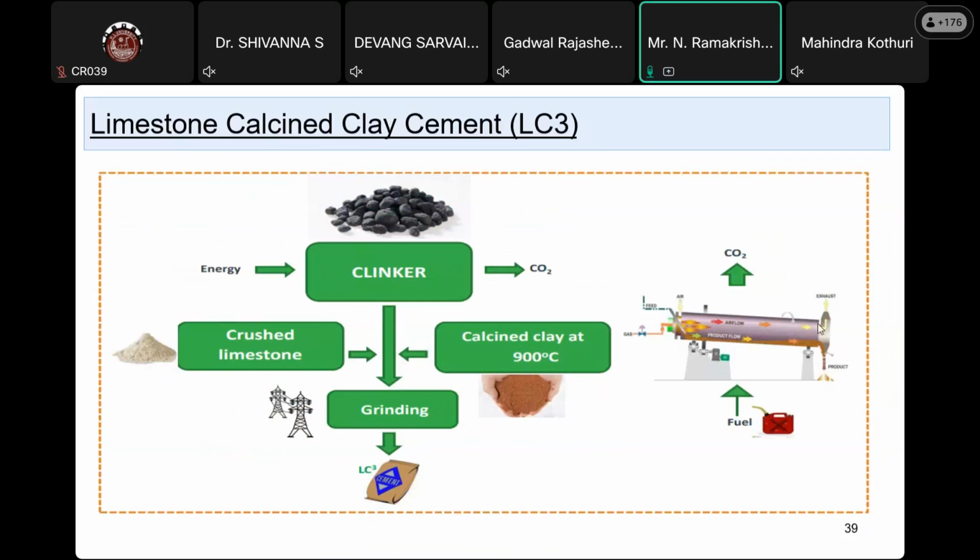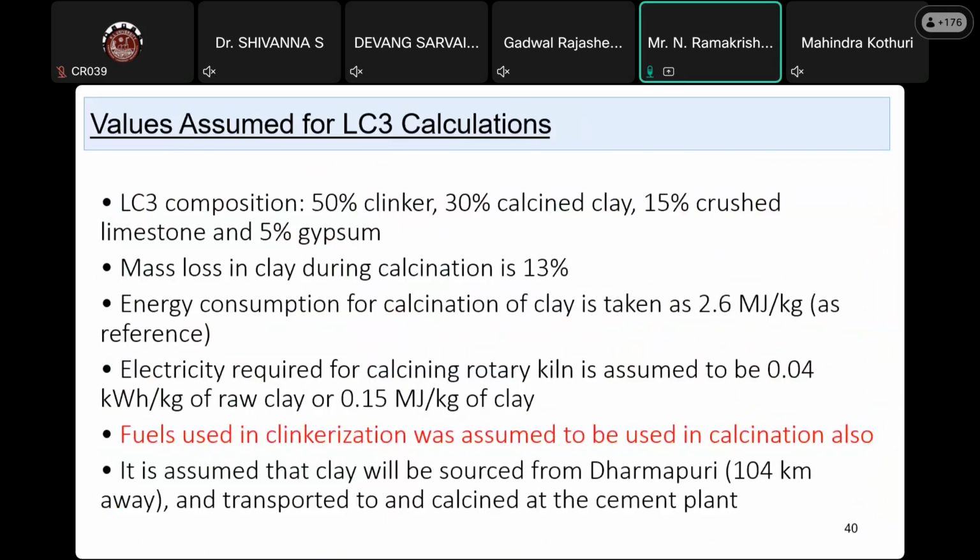This figure also shows it clearly: 50% is clinker, 30% calcinated clay, 15% crushed limestone, and 5% gypsum.